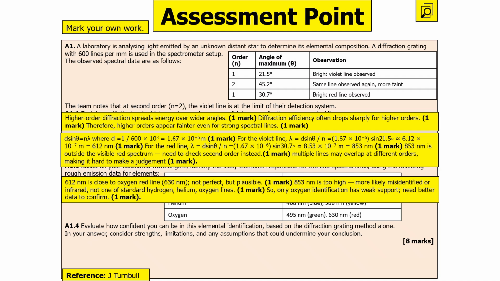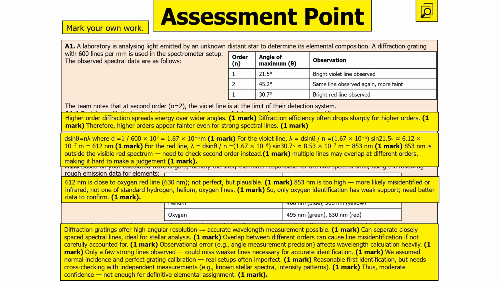Finally, diffraction gratings offer a higher angular resolution, leading to more accurate wavelength measurements. We can separate closely spaced spectral lines, which is ideal for stellar analysis. The overlap between the different orders could cause line misidentification if not accounted for. We may get observational errors which affect the wavelength calculation heavily.